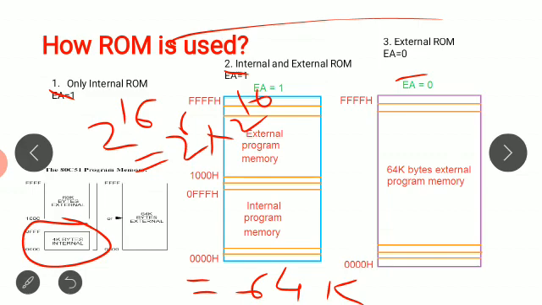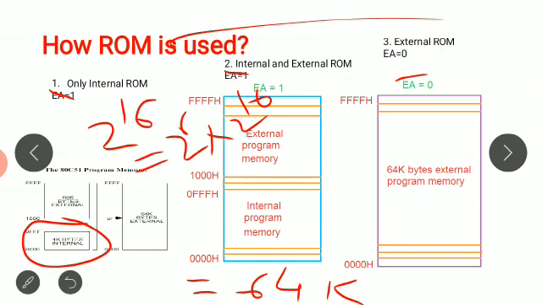But the 8051 does have the option to enhance that 4 kilobytes of ROM, and a total of 64 kilobytes of ROM can be added to 8051. Now there are two ways to do it. Either you use the internal ROM as well as the external ROM, or you use only the external ROM. Okay.